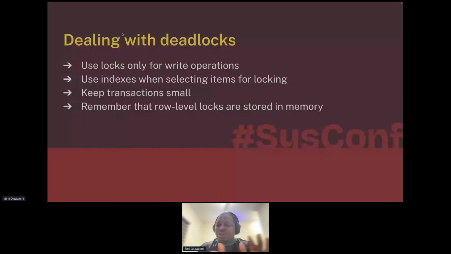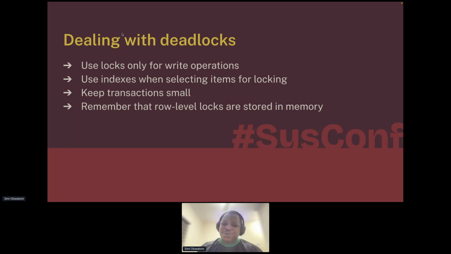Now, how do you manage deadlocks? We have done lock contentions. How do you manage deadlocks? Number one, use locks for write operations only. If the only thing you need to do is to display the account balance of this account, why are you fighting for a lock? What are you doing?